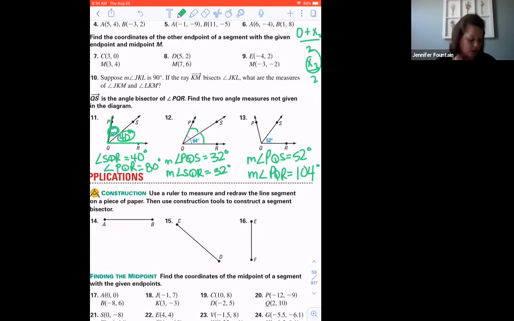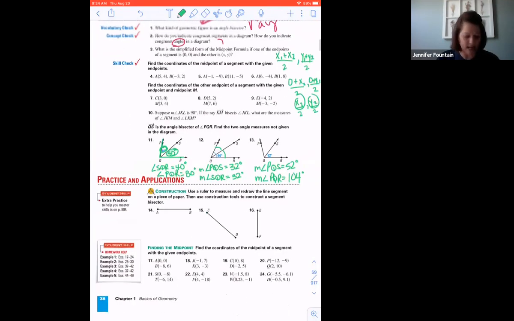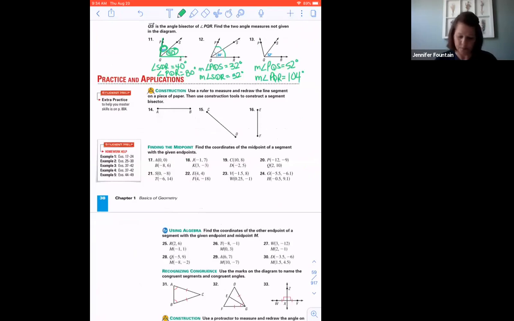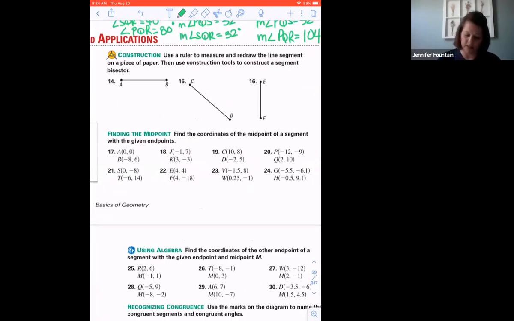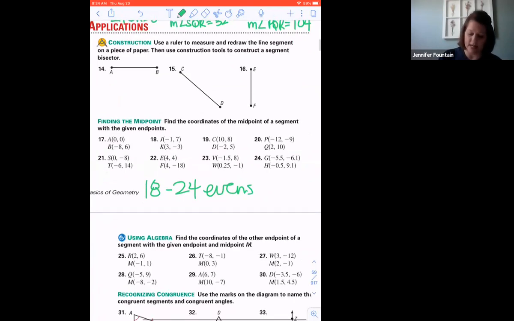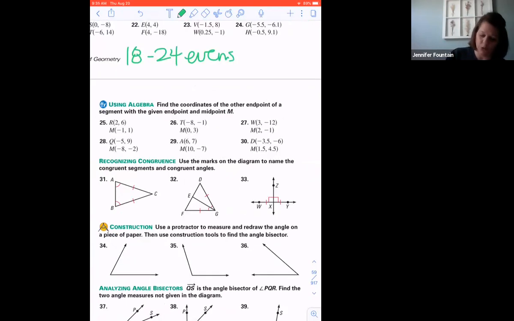All right, let's go ahead and look at what our homework will be. On page 38, let's do 18 through 24 evens. Now let's go to 39. We'll do 26 through 30 evens.